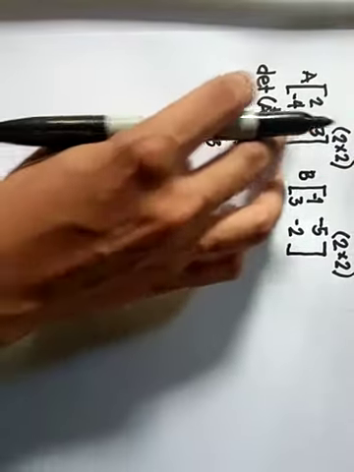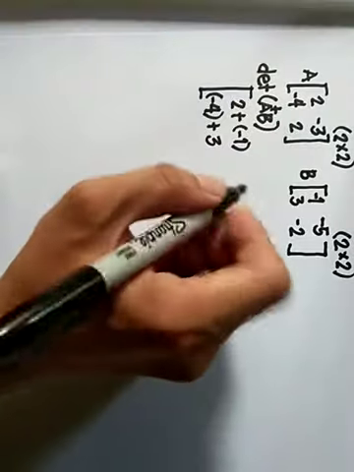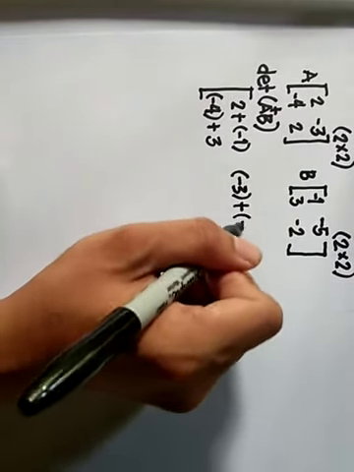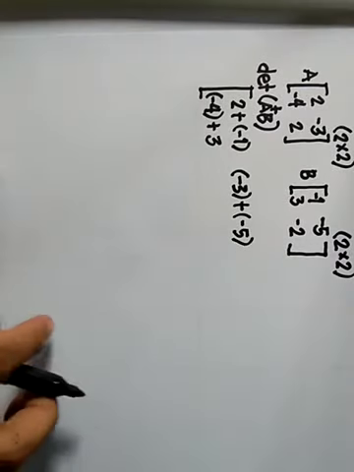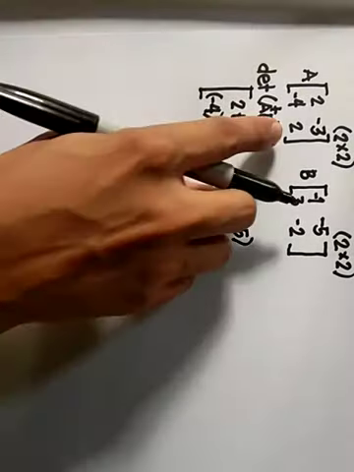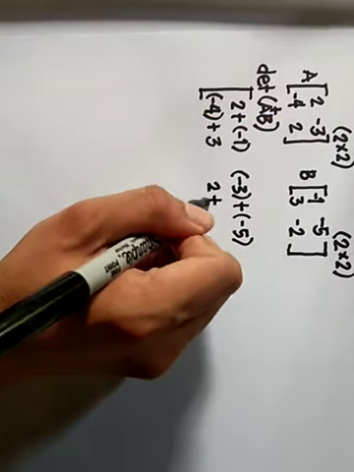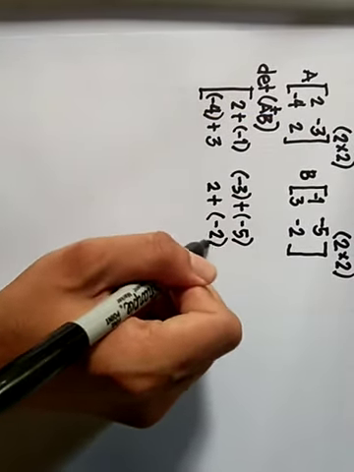Then, sa kabila naman, yung ating kabilang column, we have negative 3 plus negative 5. And then, yung ating D, we have positive 2 plus negative 2.